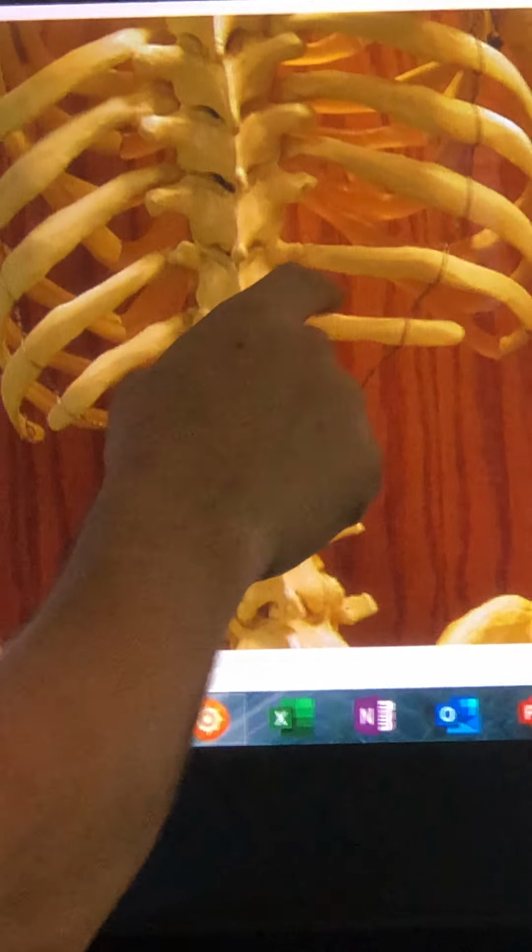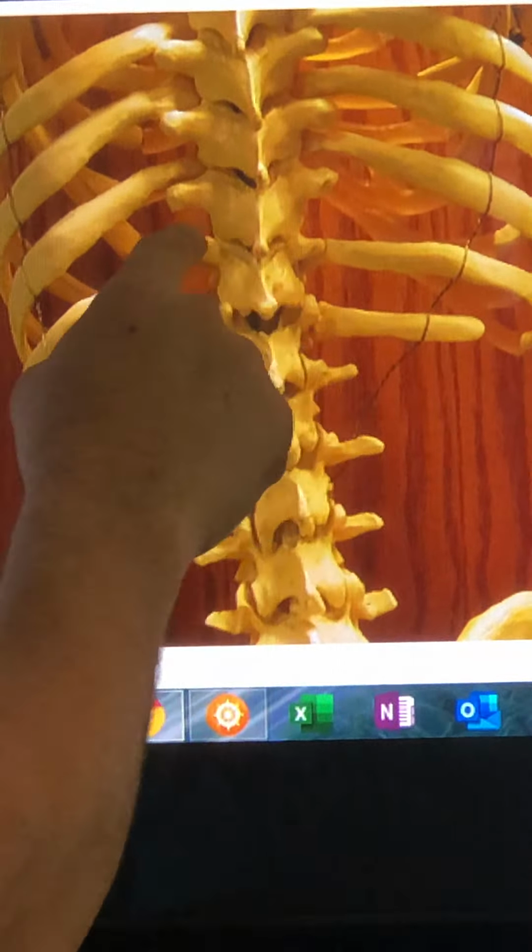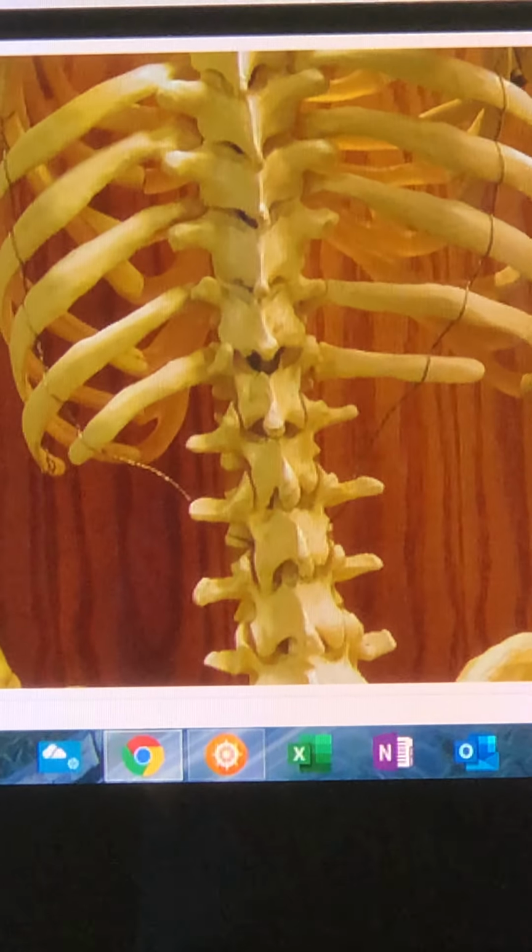The last 2 pair are called simply vertebral because they only attach to the vertebra. As you can see, this one stops here, this one stops here, so they have no anterior attachment. They're also false because they don't attach directly to the sternum, and they're also called floating ribs. And some older people call them short ribs.